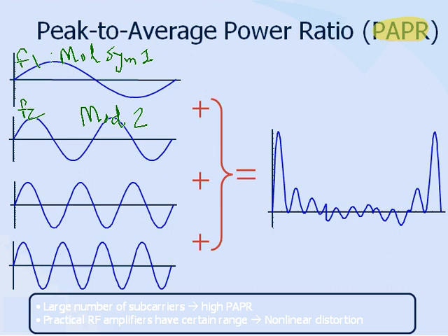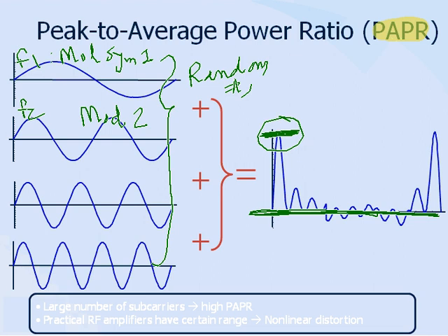For all practical purposes, you can think of them like random numbers. Right? So when you add random numbers, sometimes you will get a very large number, and that will result in high peak power. So even though on average you are not using much power, there are some time instances when you really need to transmit a whole lot of power. So this is the problem known as high peak to average power ratio.